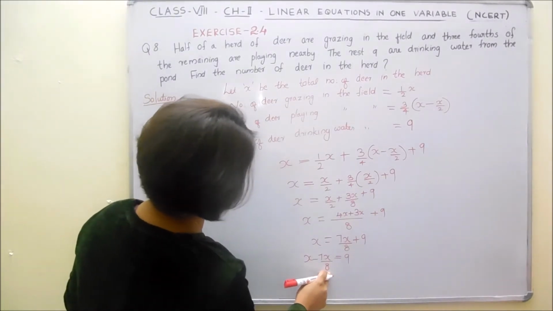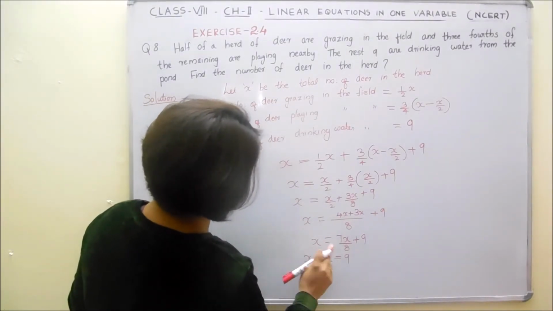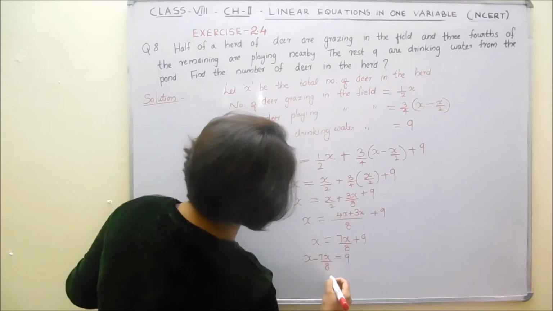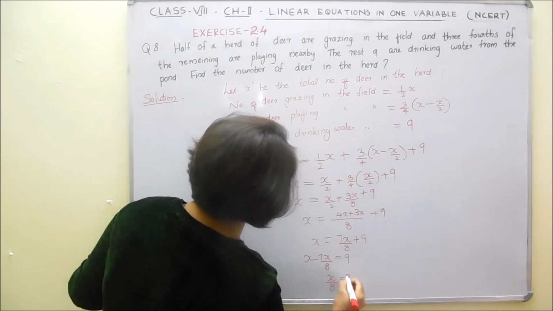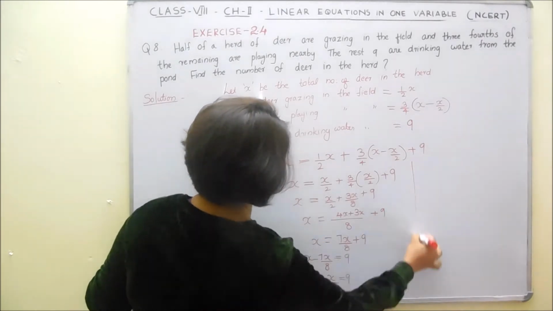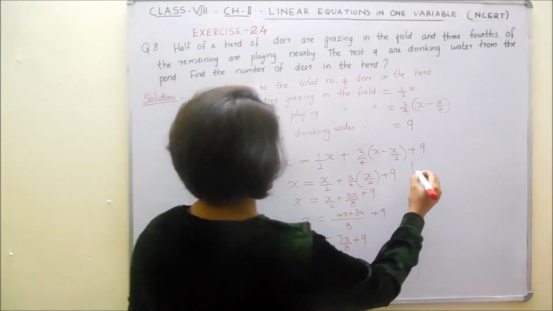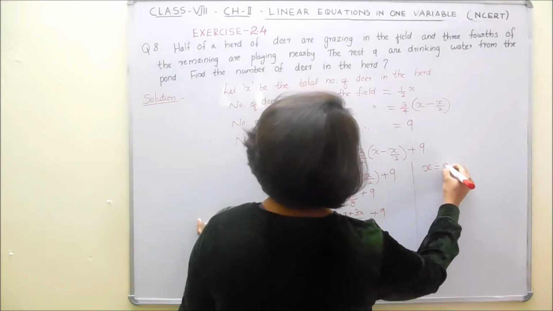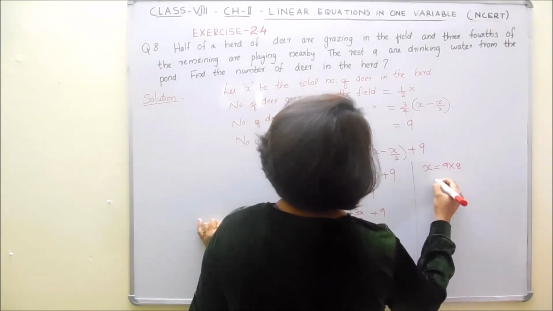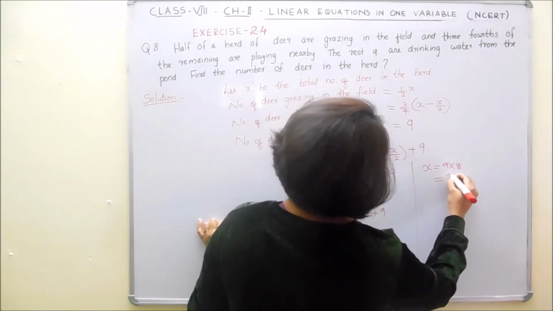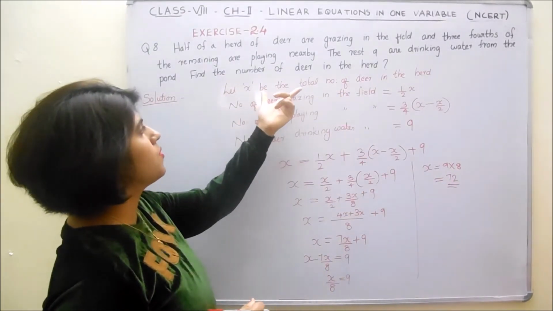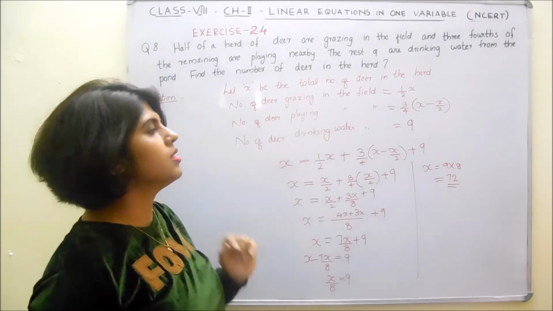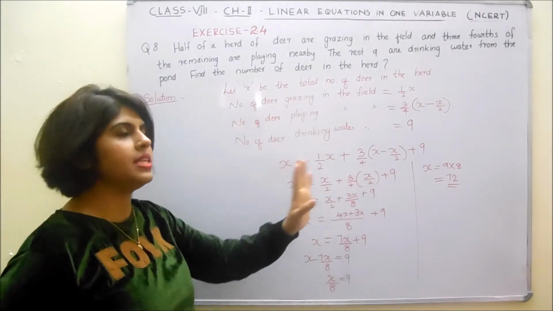Then it would be 8x minus 7x, that is x by 8 equal to 9, right? Therefore x equal to 9 into 8, that is 72. Therefore total number of deer in the herd equal to 72.